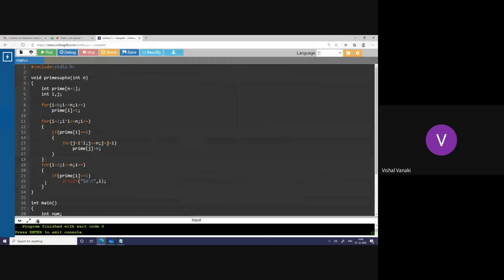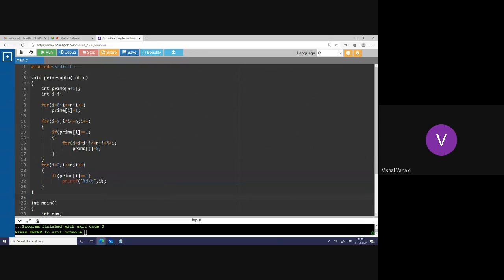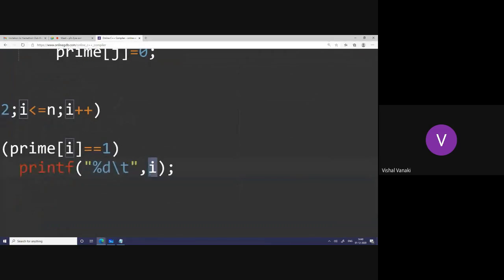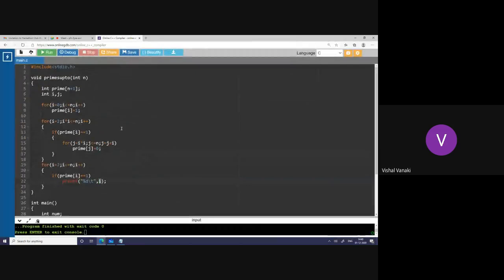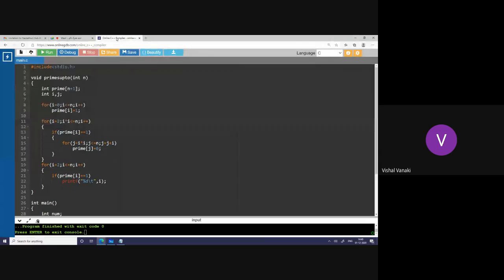This is for printing prime numbers. You can see that I am printing the index i instead of a value, so the index numbers act as prime numbers here. Are you able to understand how this Sieve algorithm works to generate prime numbers up to a given range?